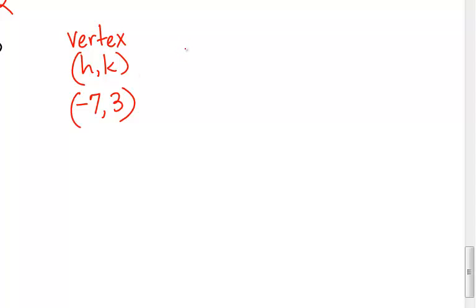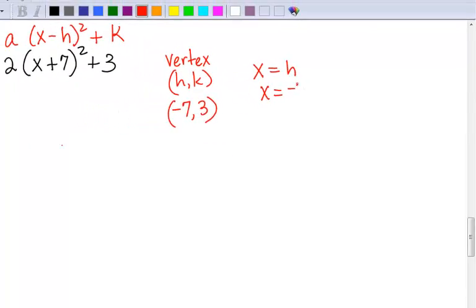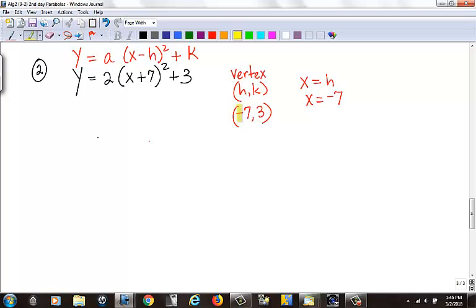The axis of symmetry is x equals h. So x equals -7. So we know the vertex, we know the axis of symmetry. How does this open? Because this a equals 2 and a is greater than 0, it opens up.